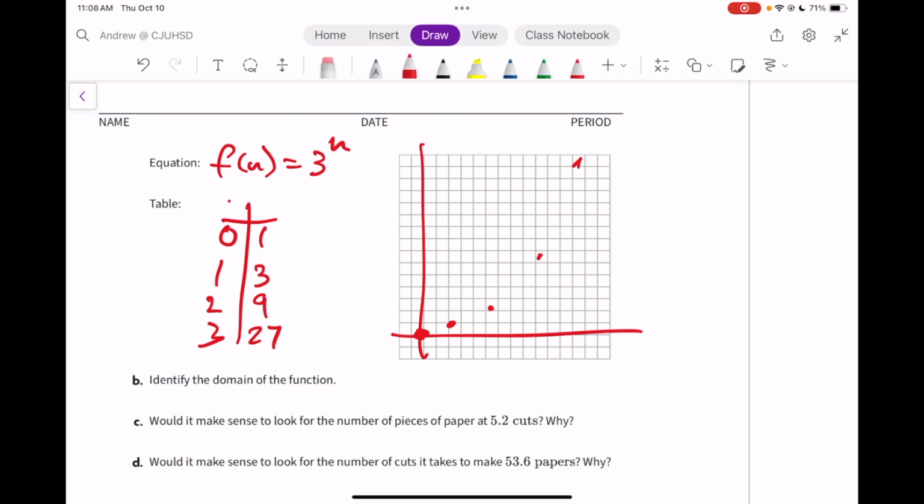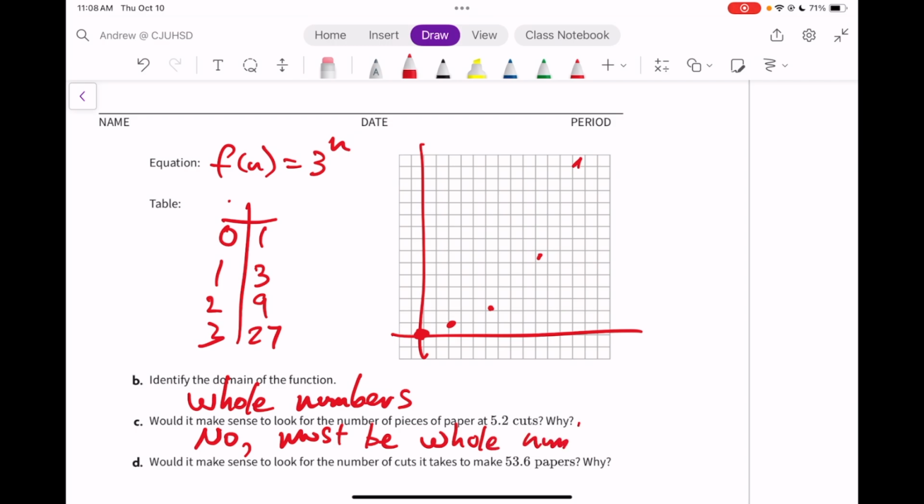So what is the domain? These are whole numbers. Wouldn't make sense to have 5.2 cuts because they must be whole numbers. We just said that.